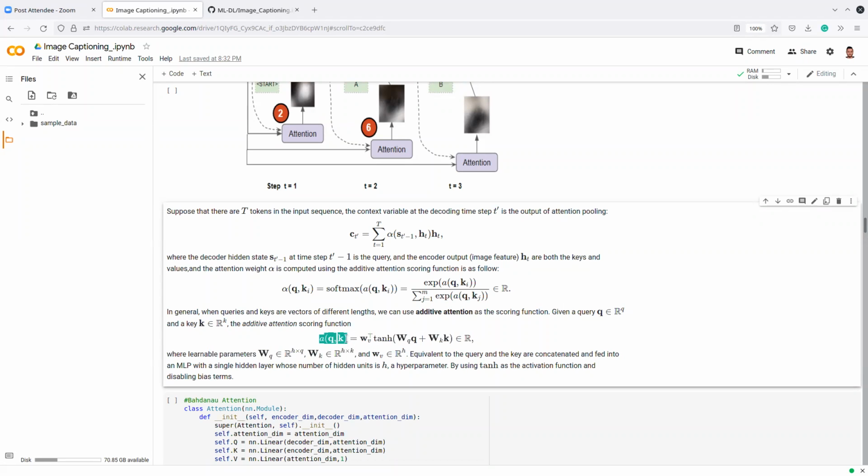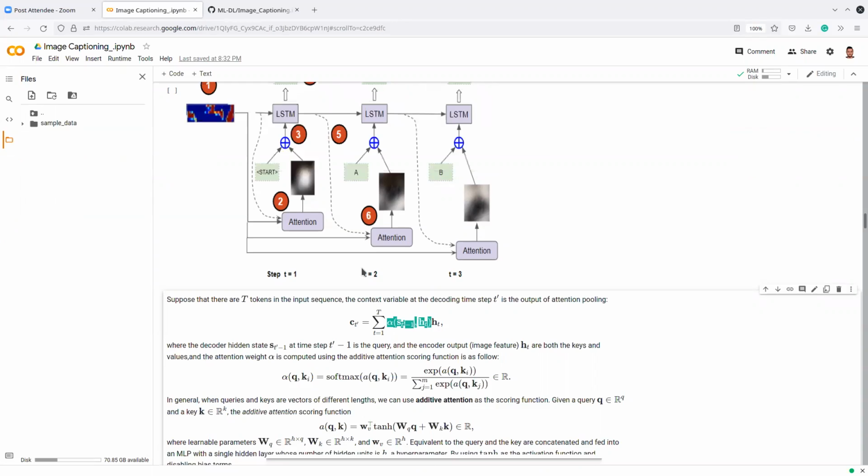After generating all these values, we apply a softmax to make them more like a distribution, and then we have a context vector. We build the context vector as a sum of the feature vectors of the image, and we weight each vector by this alpha value.